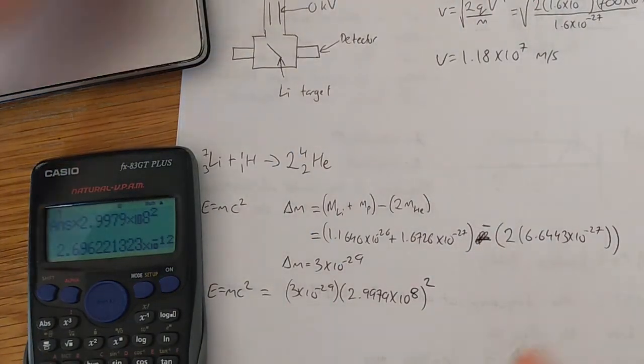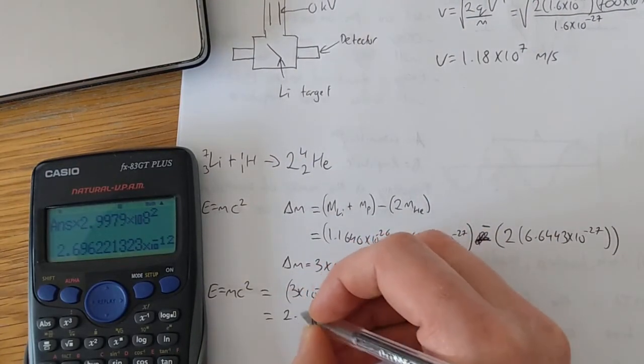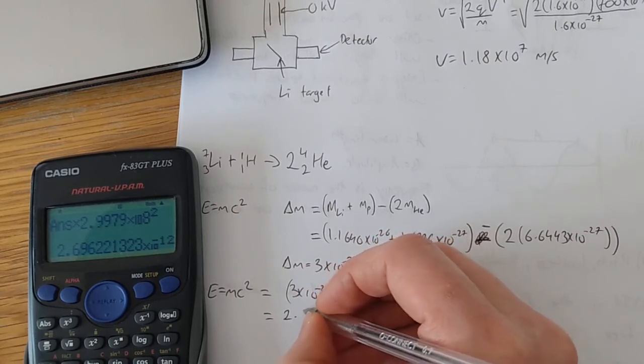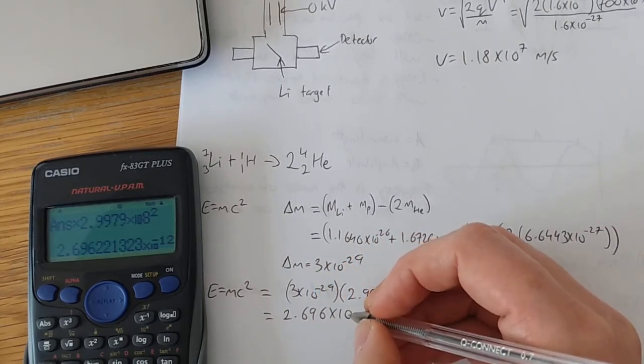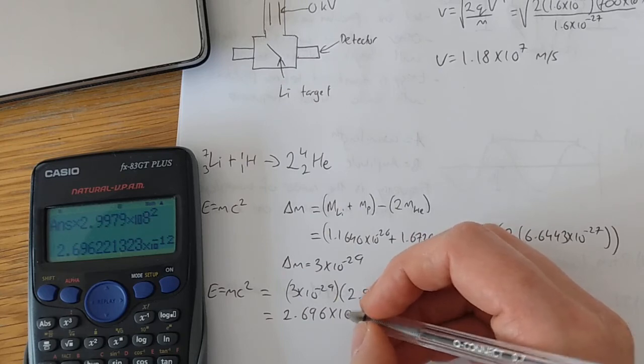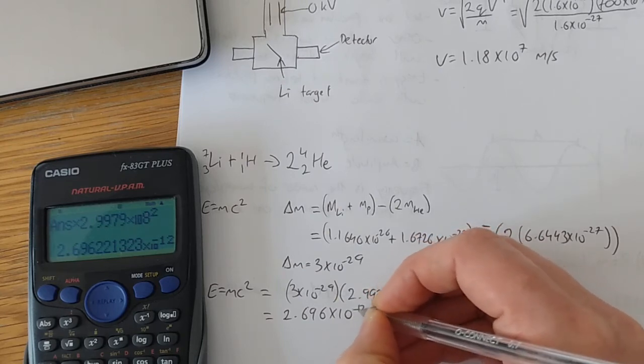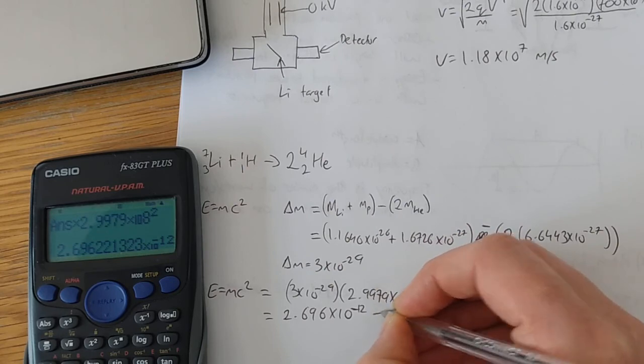And I get an answer of 2.696 by 10 to the negative 12 joules. It's energy.